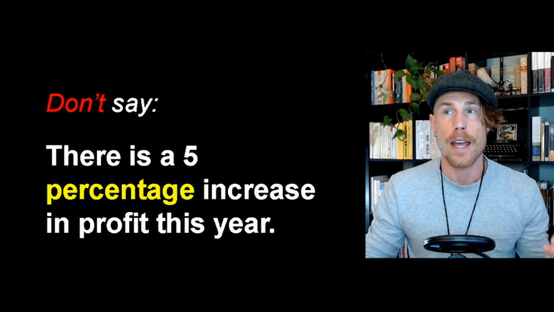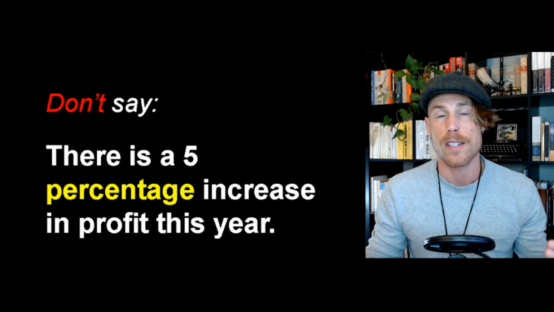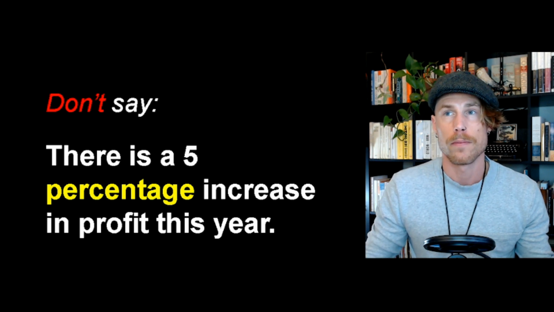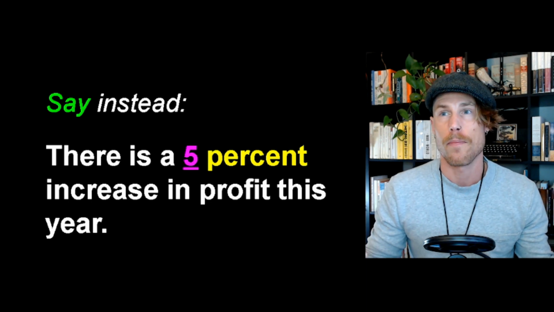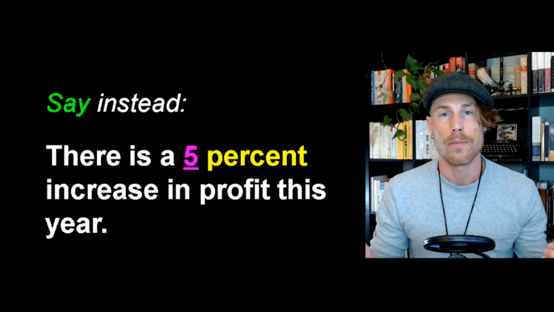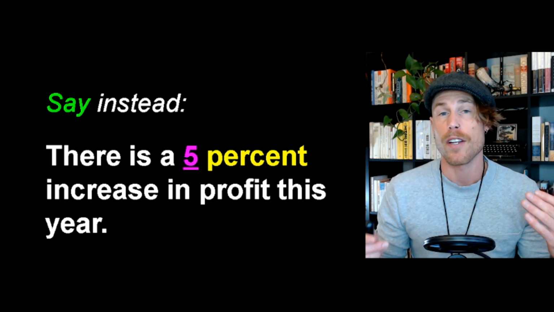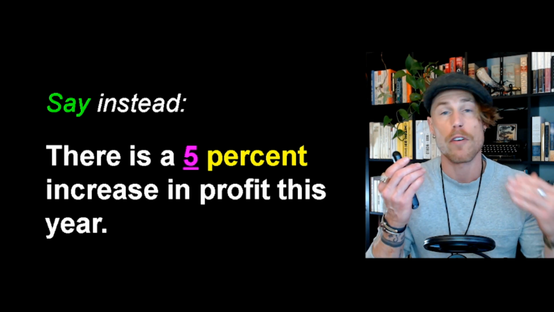Don't say, there is a 5 percentage increase in profit this year. Say instead, there is a 5% increase in profit this year. 5 is a specific number, so 5%.